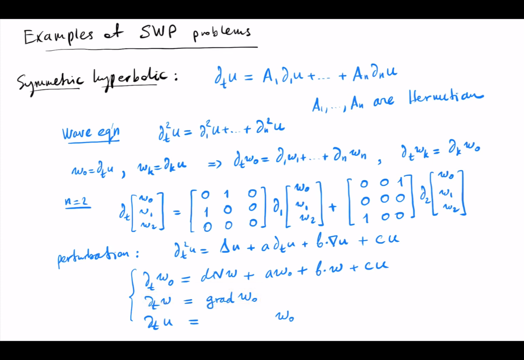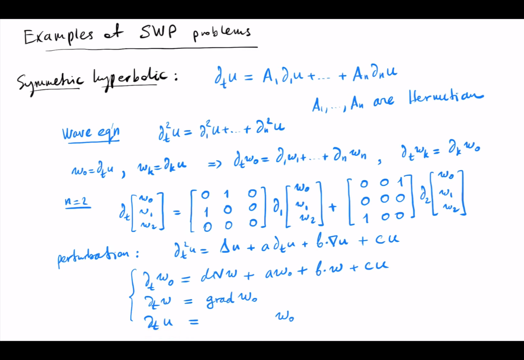But now we need to add one more equation, because there is this u here. Before, for the wave equation, there was no u by itself, so we could write the equation in terms of w0, w1, and w2. But now we need to introduce the equation for u itself, and that would be just a definition. So the time derivative of u is equal to w0, and as you can see, the x derivatives of w0 or any other variable are missing in the equation for the time derivative of u.